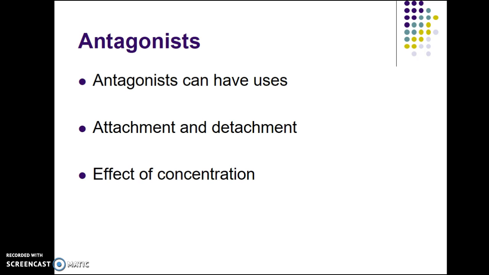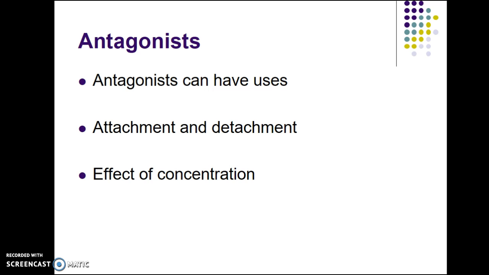But then there's a point where we want that animal to wake up, and we can use a reversal agent, and that is an antagonist. It basically goes in and goes to those same receptors and effectively blocks them because it doesn't exert an effect, but it does sit on the receptor.